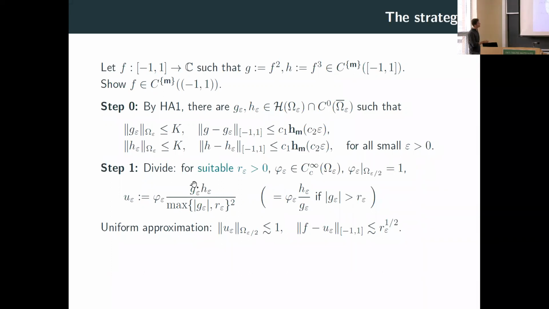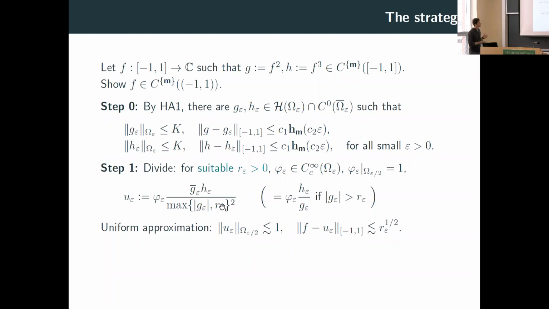And then we have this expression here. So we have g epsilon bar, the bar meaning, of course, the complex conjugate, times h epsilon, and in the denominator we have the maximum of the modulus of g epsilon squared and r epsilon squared.